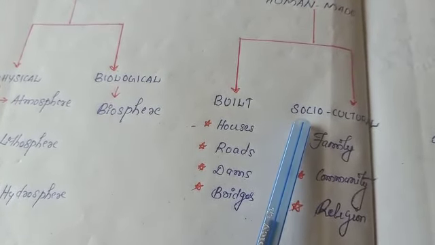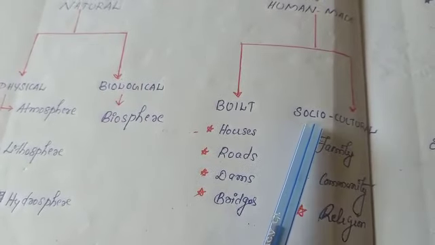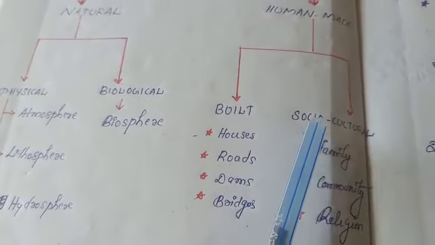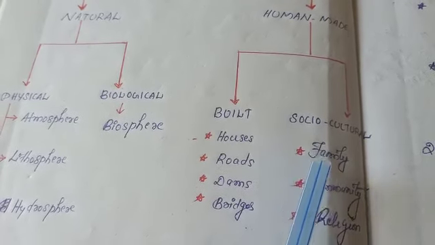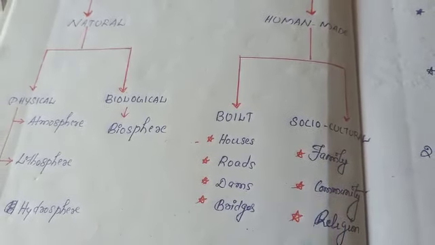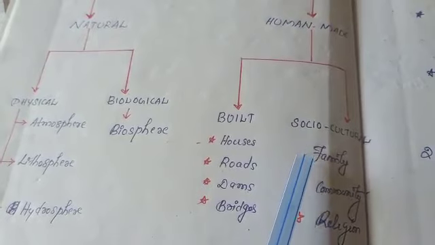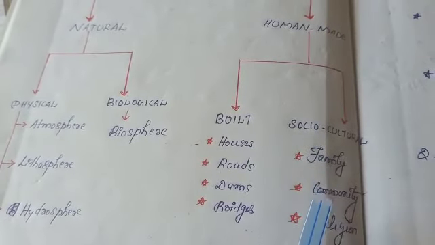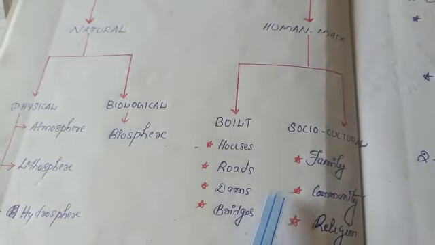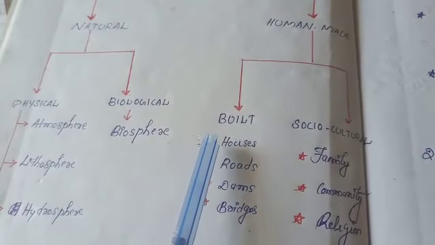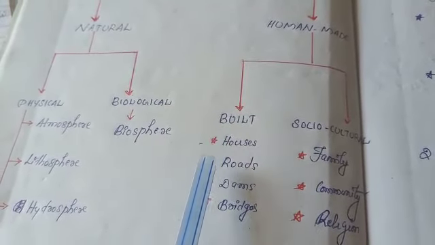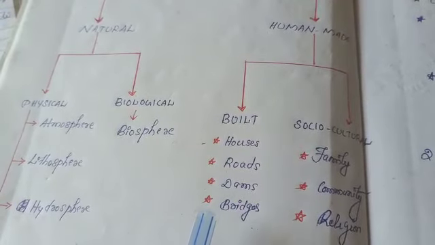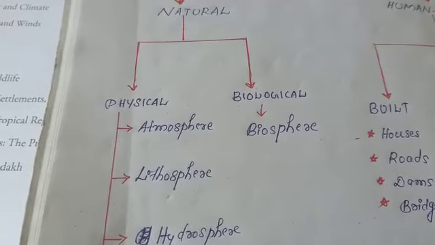It is made up of human thoughts, ideas, concepts, beliefs, education level, etc. Family, community, religion are the major components of socio-cultural environment. Whereas the built environment constitutes houses, roads, dams, bridges, etc.